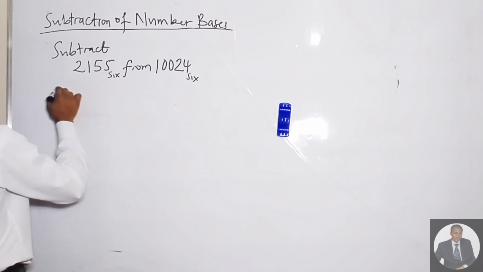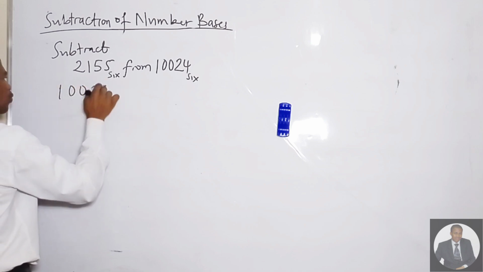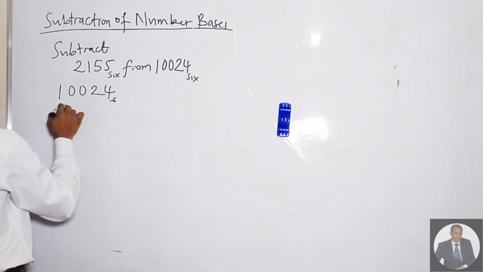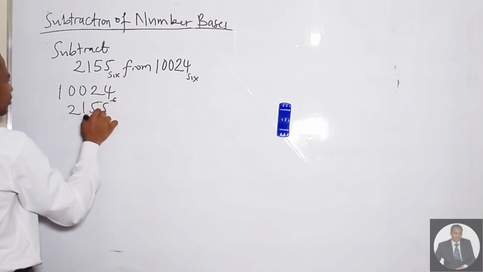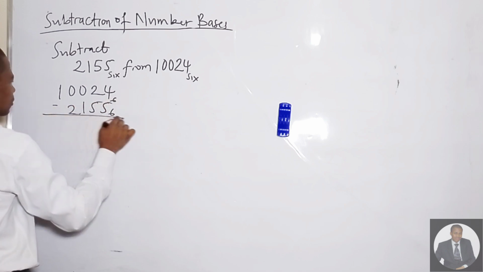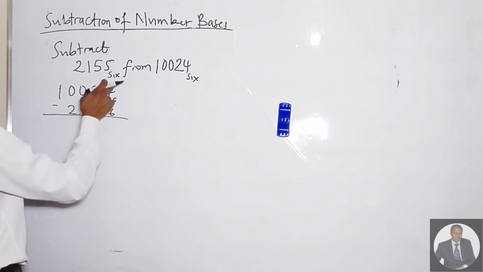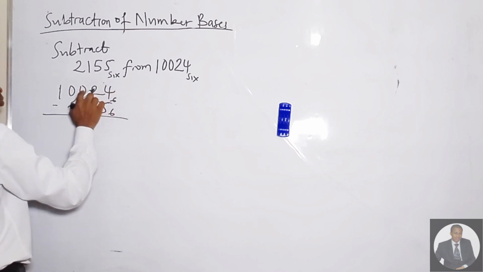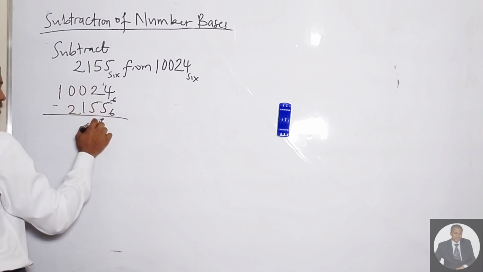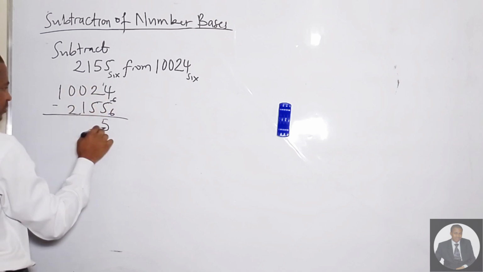We say 10024 base 6, 2155 base 6. We cannot take away 5 from 4, so we borrow 1. That one we are borrowing becomes 6, so it will be 6 plus 4, 10. 10 minus 5, that's 5.